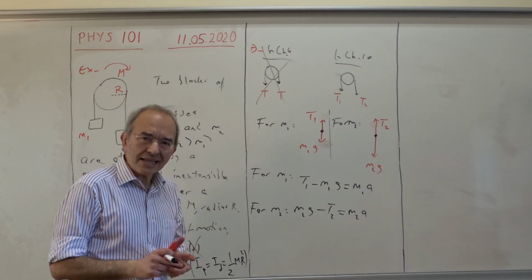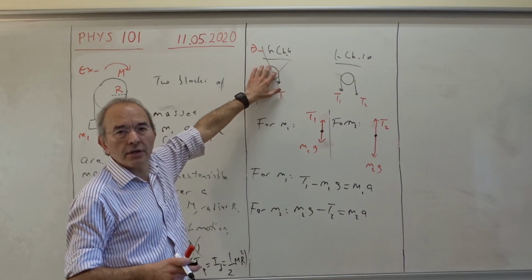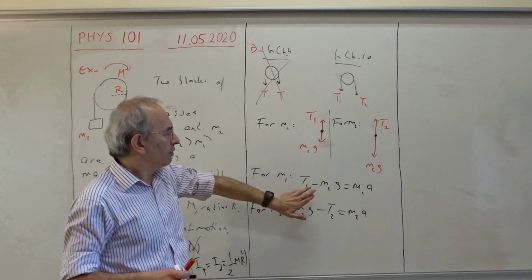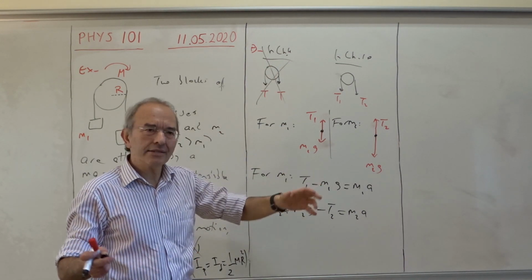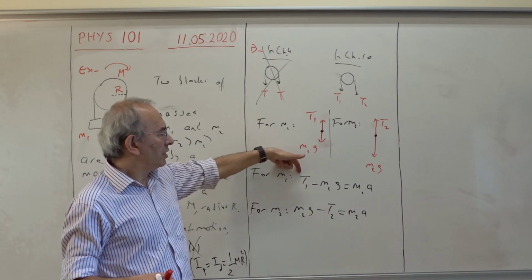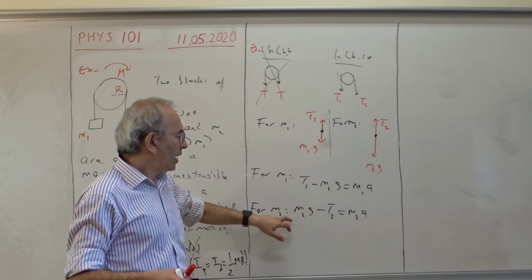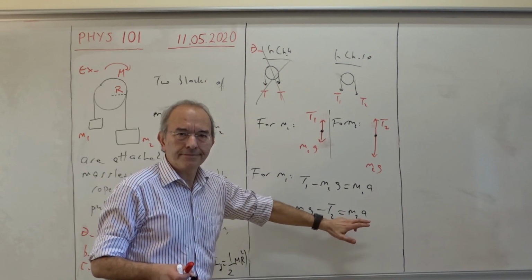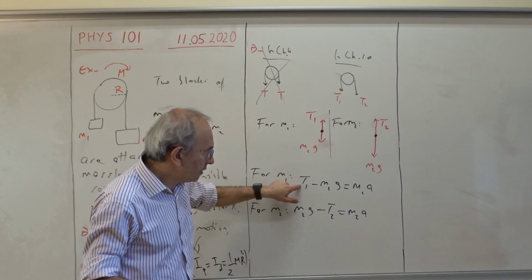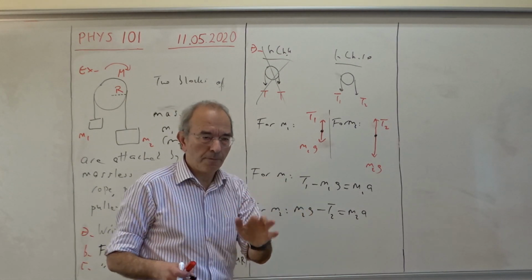There is just a slight difference because in the case of no inertia, we were writing them not as T1 and T2, but otherwise they are the same. It was T minus M1g equals M1a, M2g minus T equals M2a. Here the difference is in the indices, we have different indices, T1 and T2.